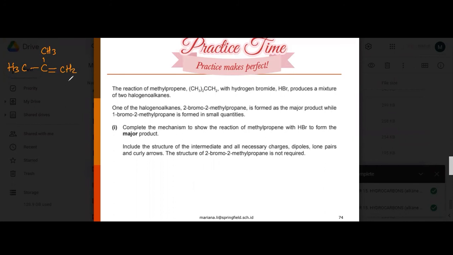Yeah, methylpropene with hydrogen bromide. Don't forget to give positive and negative partial charges here. Draw the arrow from the electron density of the double bond. Heterolytic fission, don't forget. We already did this several times. I hope you already remember this mechanism.